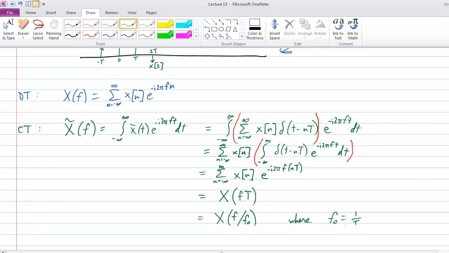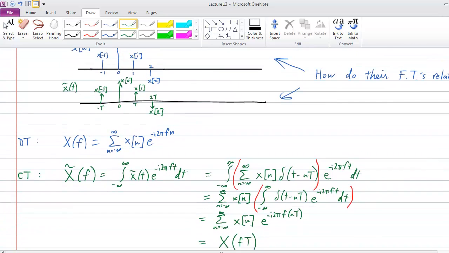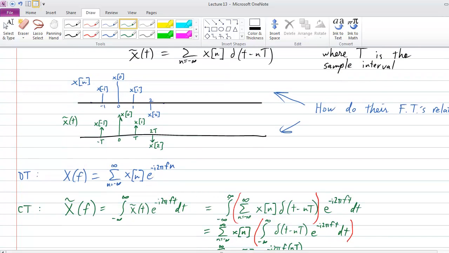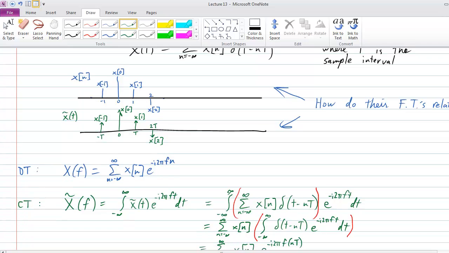Okay, so in other words, the Fourier transforms are the same, except that we had one thing arbitrary, and that was what we choose for the time scale of a continuous time signal. We got to arbitrarily choose an interval here, T. So of course that's going to affect the continuous time Fourier transform in a very simple way.